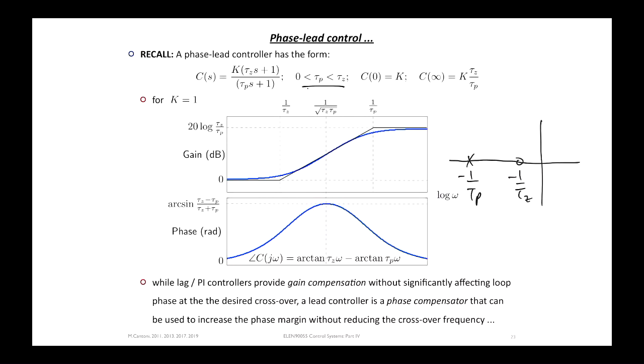And what we're going to do is line this up with the desired crossover frequency. This frequency, in terms of these parameters, is given by this expression, and the amount of phase we get there is given by this expression.